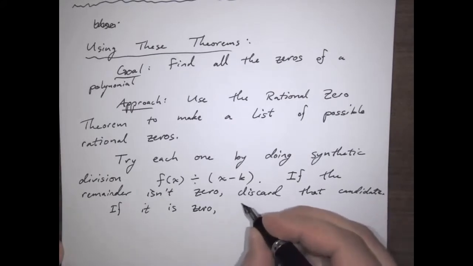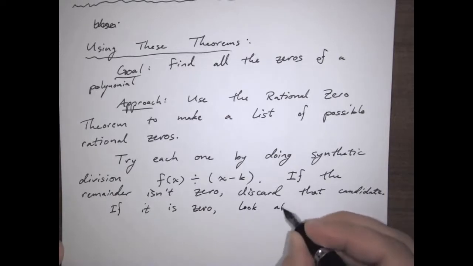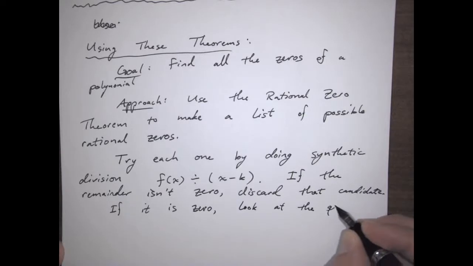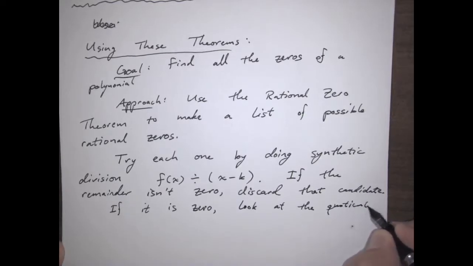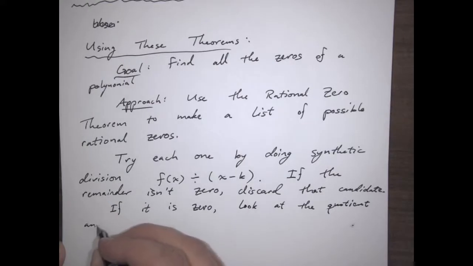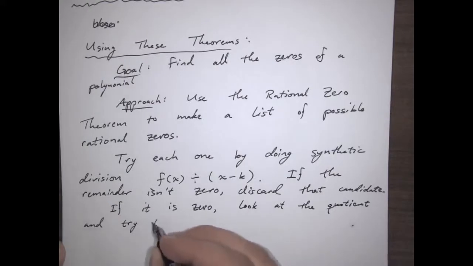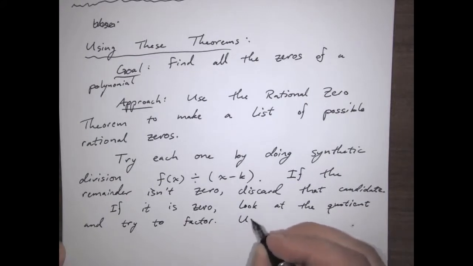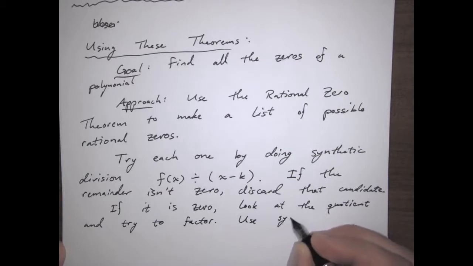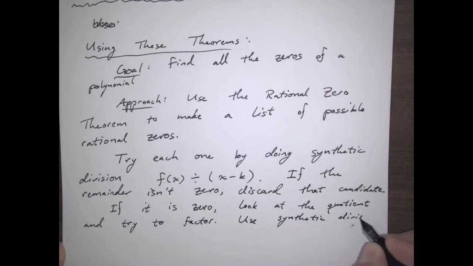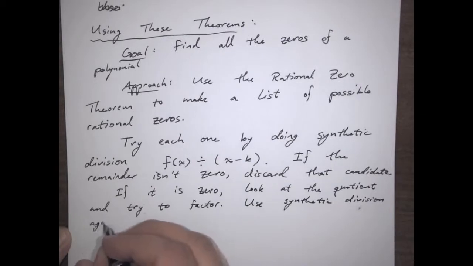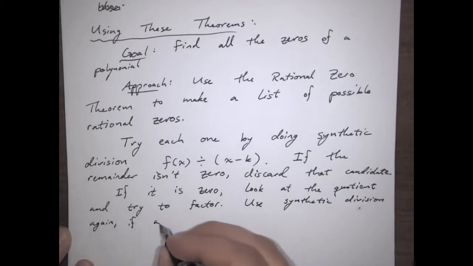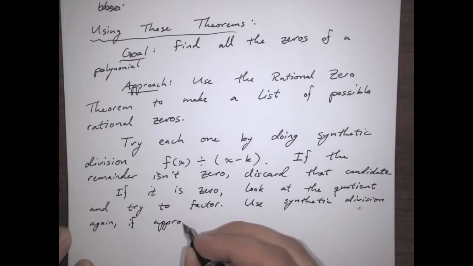So if it is 0, look at the quotient and try to factor. Use synthetic division again, if appropriate.